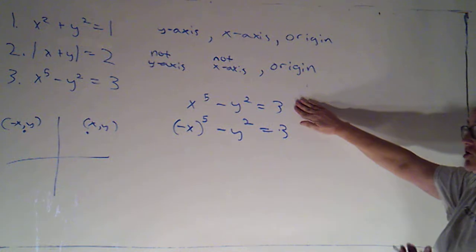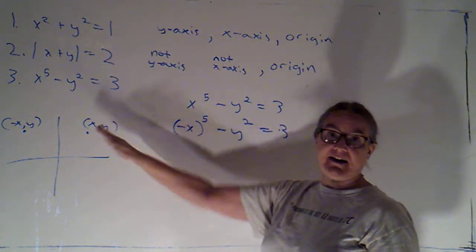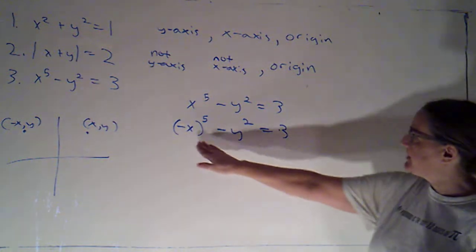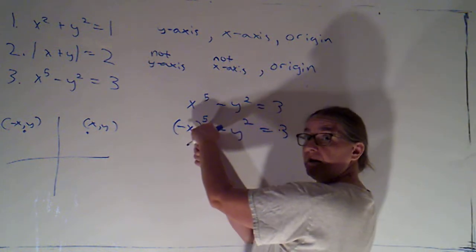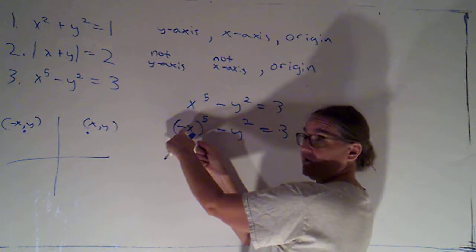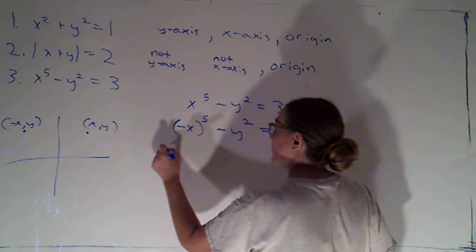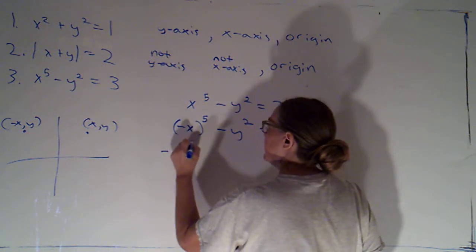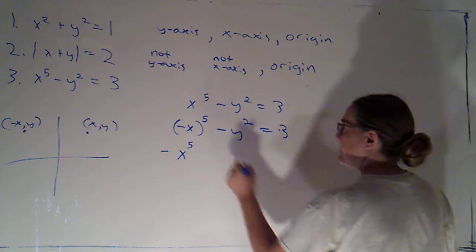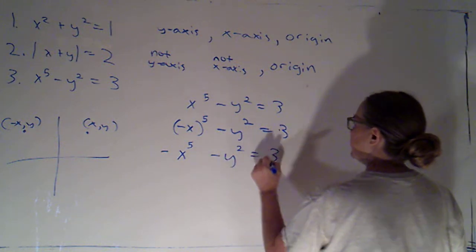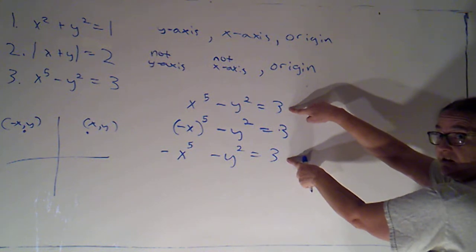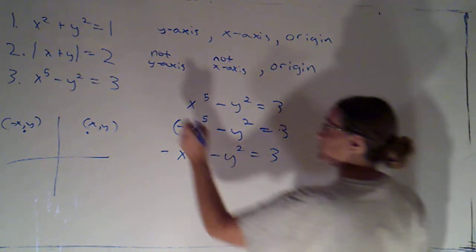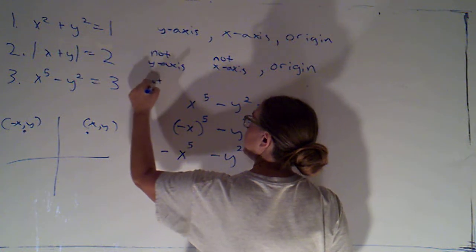That's the equation that's true if a point xy is on the curve. Now, when I replace x with the opposite of x, I get this. And remember, the rule is that odd powers are going to preserve that negative sign. So I'm going to get the opposite of x to the 5th minus y squared equals 3. These are not the same equation, so no, this is not symmetric about the y-axis.